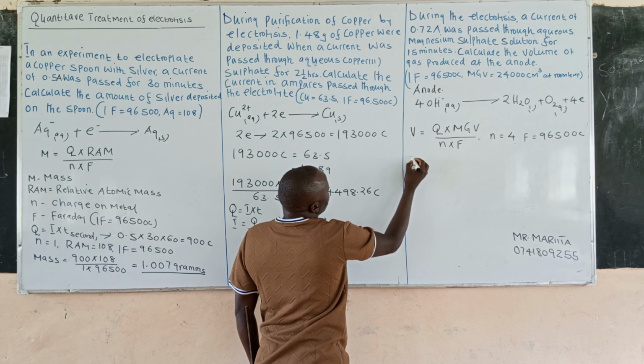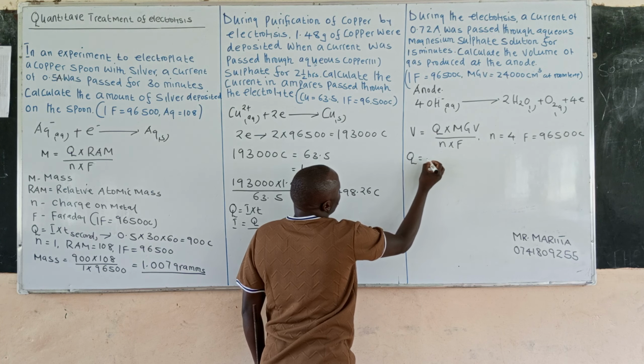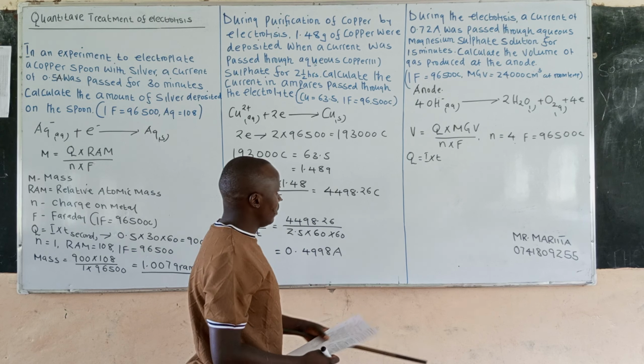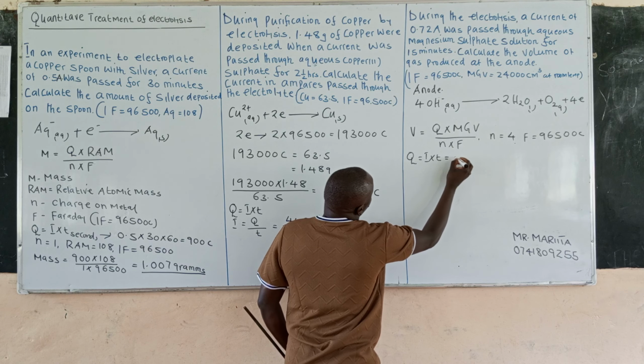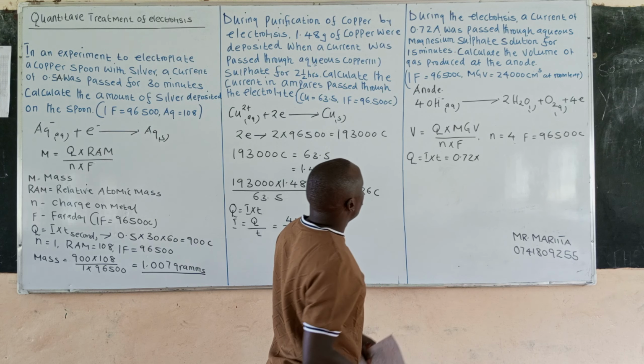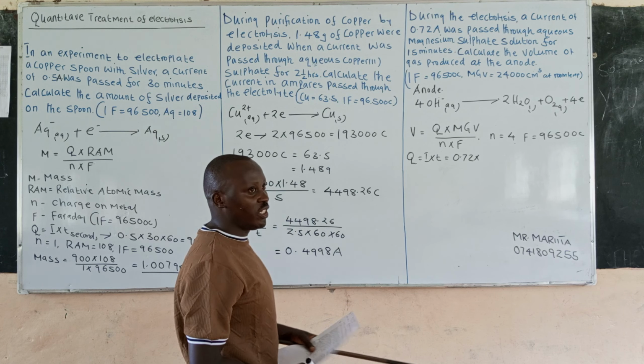Therefore, we need the quantity. The amount of electricity required is I times T, and the T must be in seconds. So that gives us 0.72 multiplied by 15 minutes.